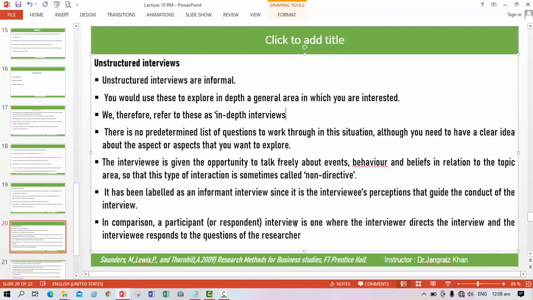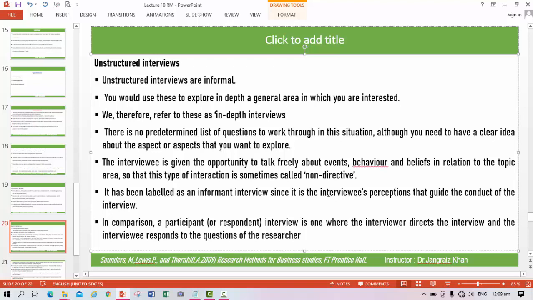There is no predetermined list of questions to work through in this situation. In such interviews, the interviewee is given the opportunity to talk freely about events, behavior, or beliefs in relation to the topic, so that this type of interaction is sometimes called non-directive.